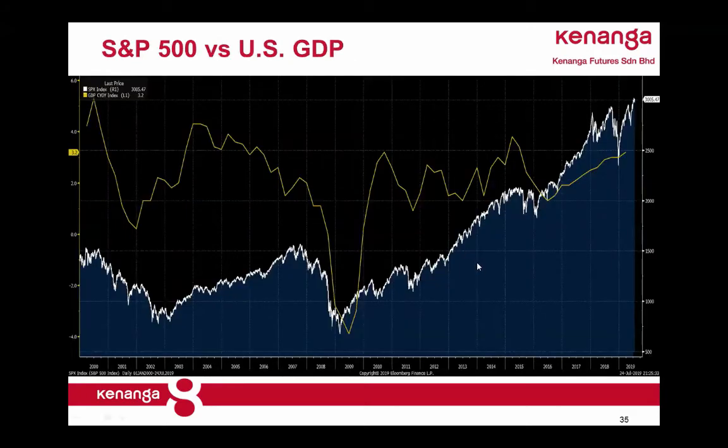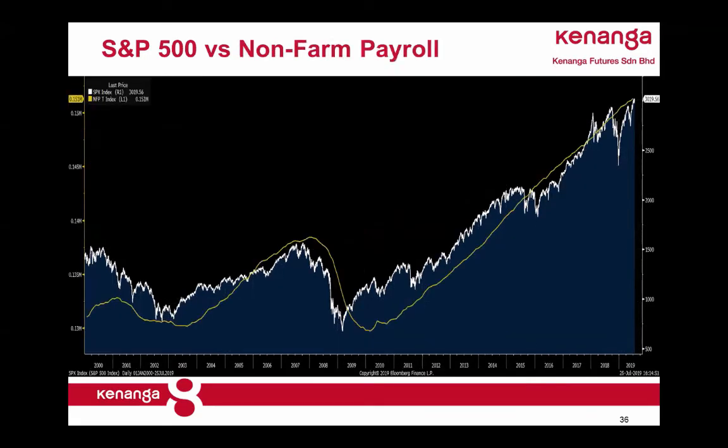Okay, just to illustrate on charts the relationship, I use S&P as a comparison here over all the economic data. So first thing is the US GDP. The higher, the better. And of course, this is total non-farm payroll data.